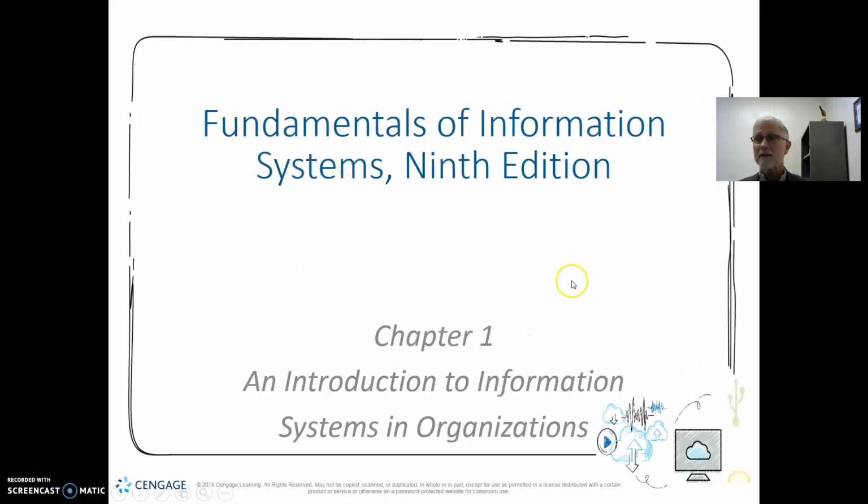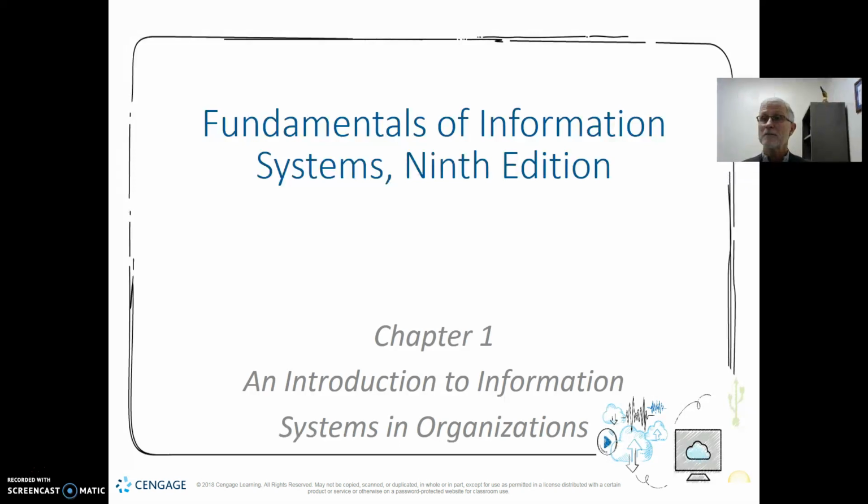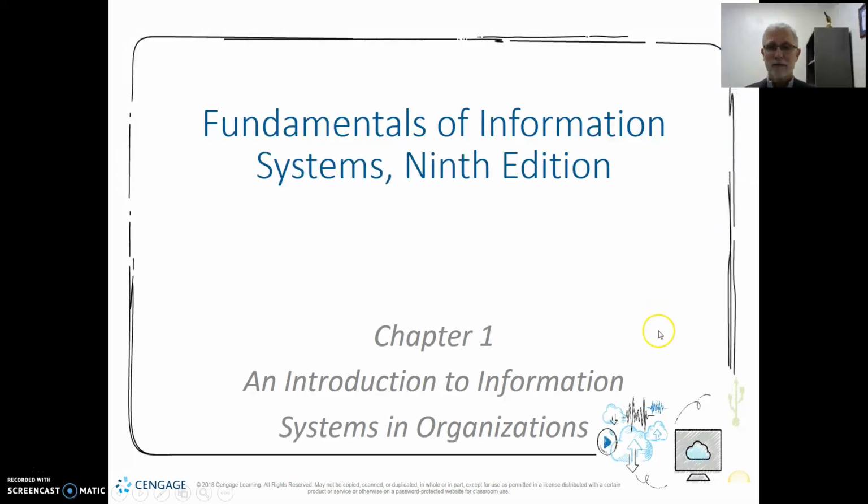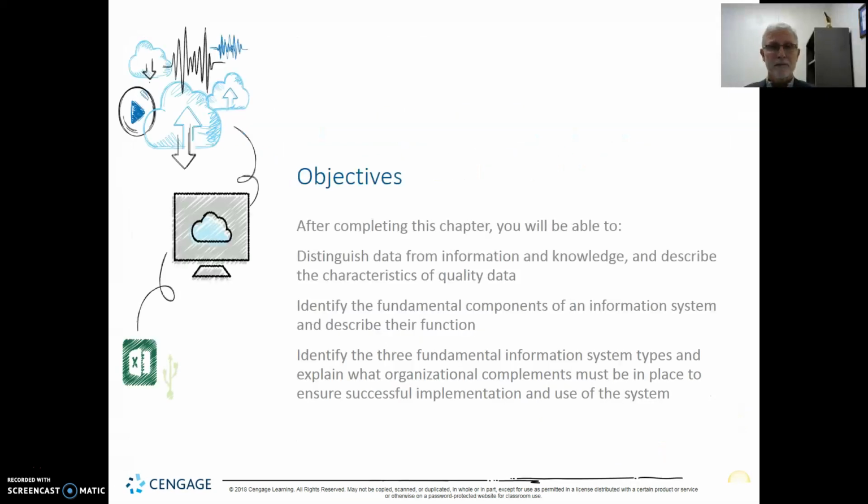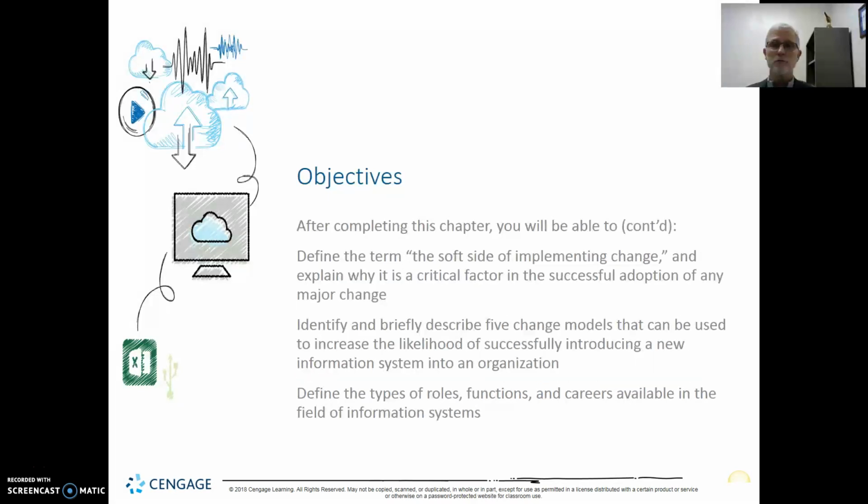This one is definitely an introduction to information systems, and it is a lot of terms, but let's cover some of the major ones. I'm not going to go through the objectives, but a lot of these are about understanding terms. What's the difference between information, knowledge, and data? What's the quality of data? What types of information systems are there? How are they used?